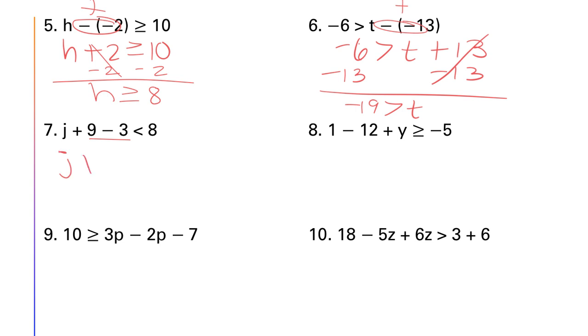So j plus 6 is less than 8. Now, can I isolate the j? By subtracting 6. So j is less than 2. There you go.